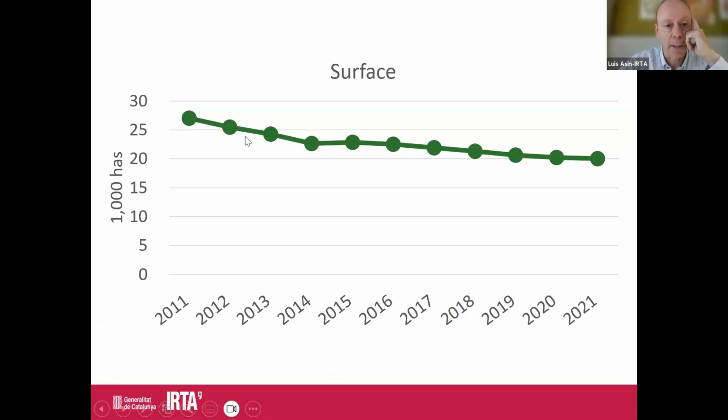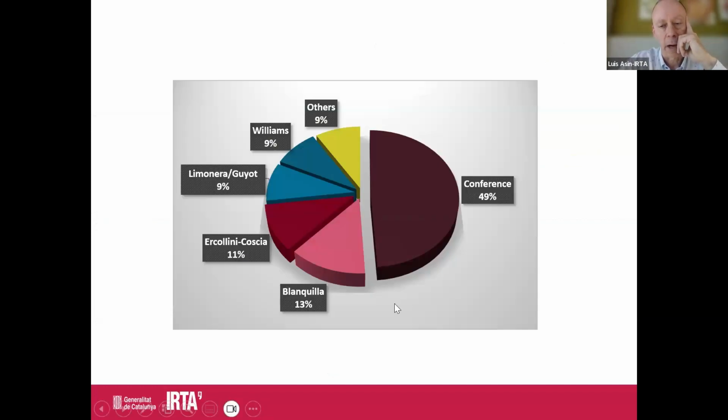This is the surface in Spain, and we have a slight diminution from many years ago, 20 years ago. Right now, we are close to 20,000 hectares. In our case, the main cultivar is Conference, a European cultivar.